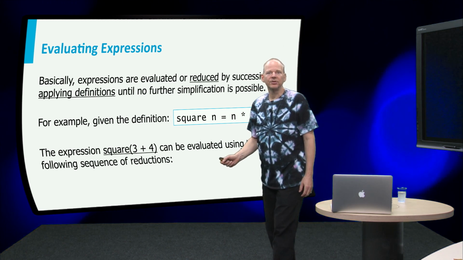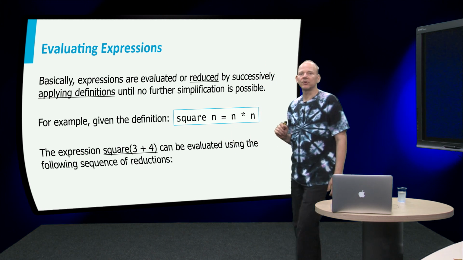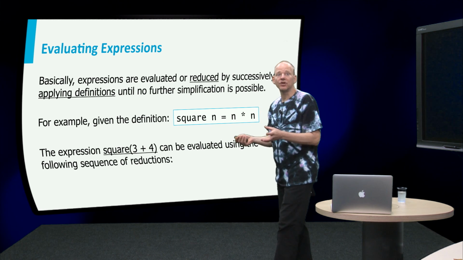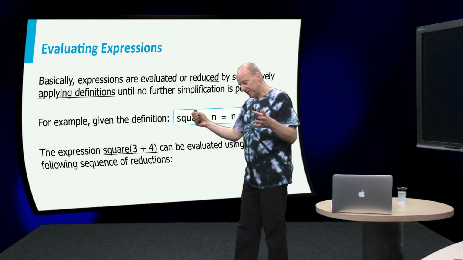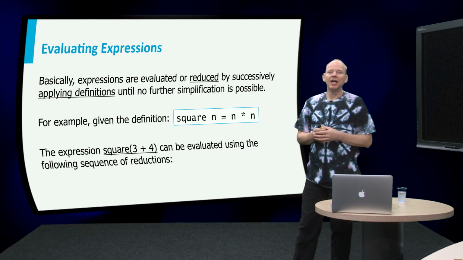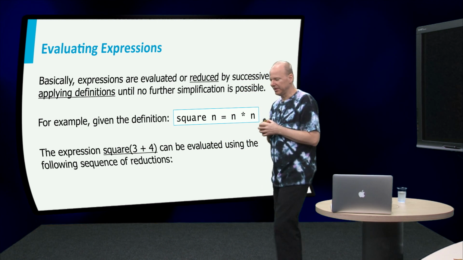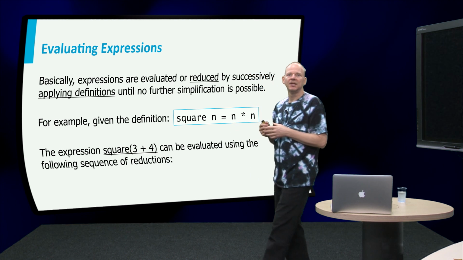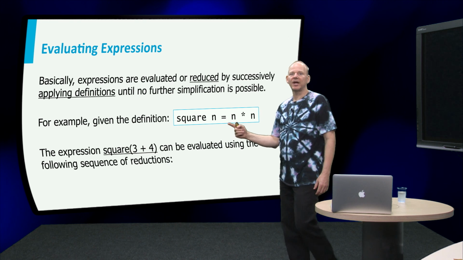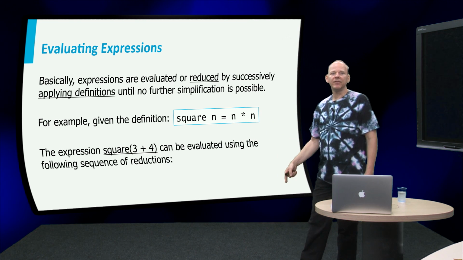And what we do to evaluate a Haskell program is to take a sub-expression. If we are evaluating a big expression, we're taking a sub-expression there, and we are evaluating that sub-expression. In this case, say that we have a function definition square n is n times n.